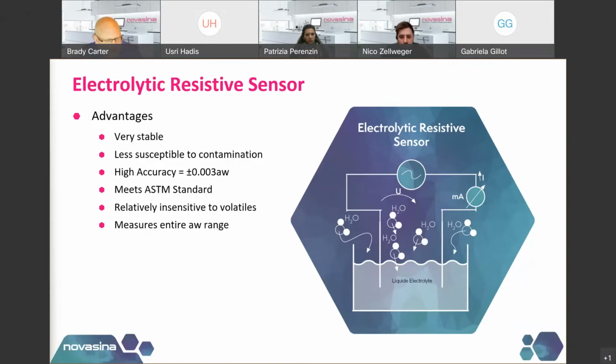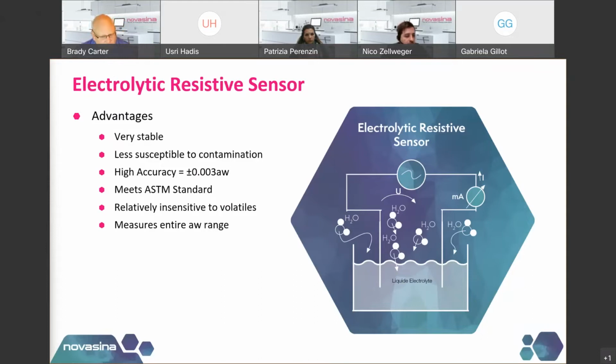So any of the standard methods that are out there, including USP 922 now, this electrolytic sensor meets those standards as a way to measure water activity. It's relatively insensitive to volatiles because we can use chemical filters to protect it. So anytime that there are volatiles present, we put a filter in to absorb it.